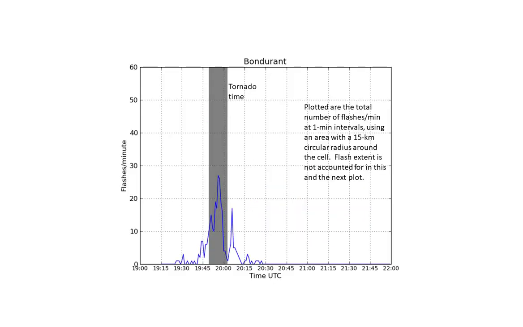So here are a couple of plots we came up with. The first tornado, we do see a nice jump in lightning. The peak is coincident with the tornado time. Now, one thing I should say, with a study like this, you're at the mercy of whether the tornado time is accurate. And I think for the Denver one, the one we had at the airport, it is very accurate.